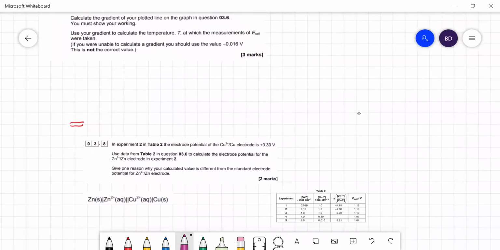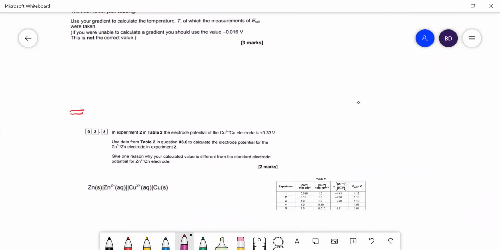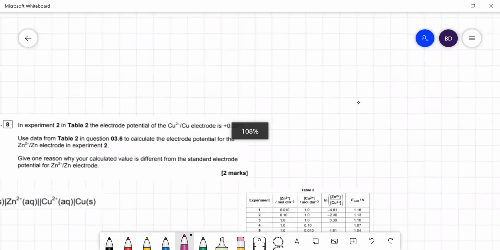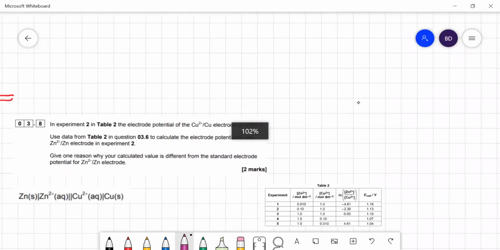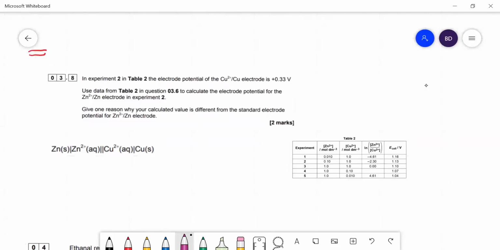Okay. Next question, 3.8 then. Make this a bit bigger, sorry. In experiment 2 in table 2, the electrode potential of the copper 2 plus copper 1 plus electrode is plus 0.33 volts.